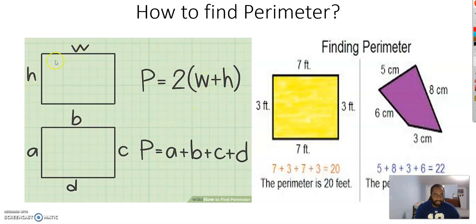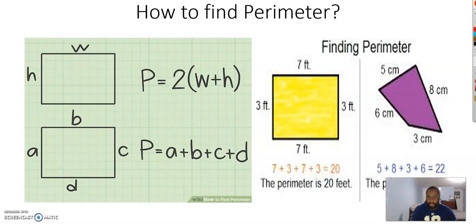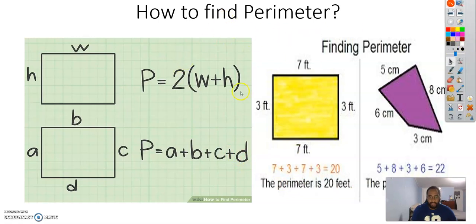You're adding those two sides and multiplying it by 2. That's if you have a rectangle. And here are other examples of perimeter, if you can see. All right, so we're going to practice our perimeter today and our area. Let's move on.